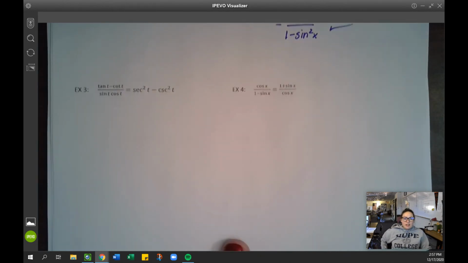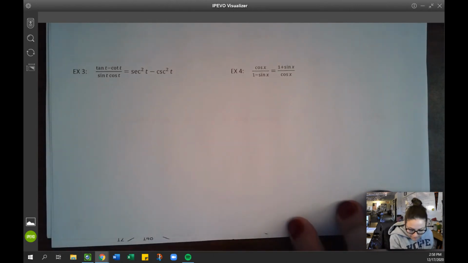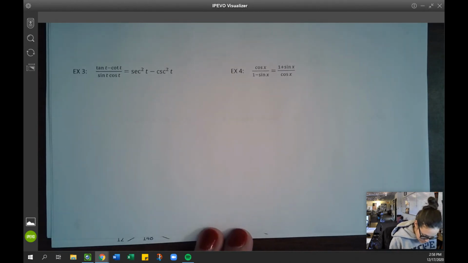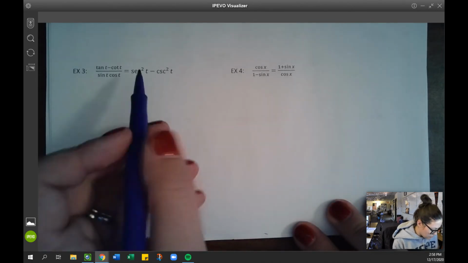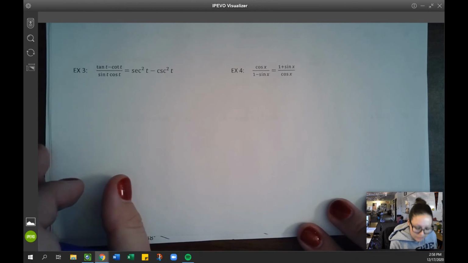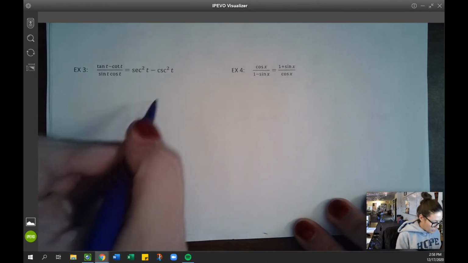Example 3. What side looks more complicated? I don't know. They both look kind of complicated, huh? Looks like the last time I did it, I changed the right side. We can do that.